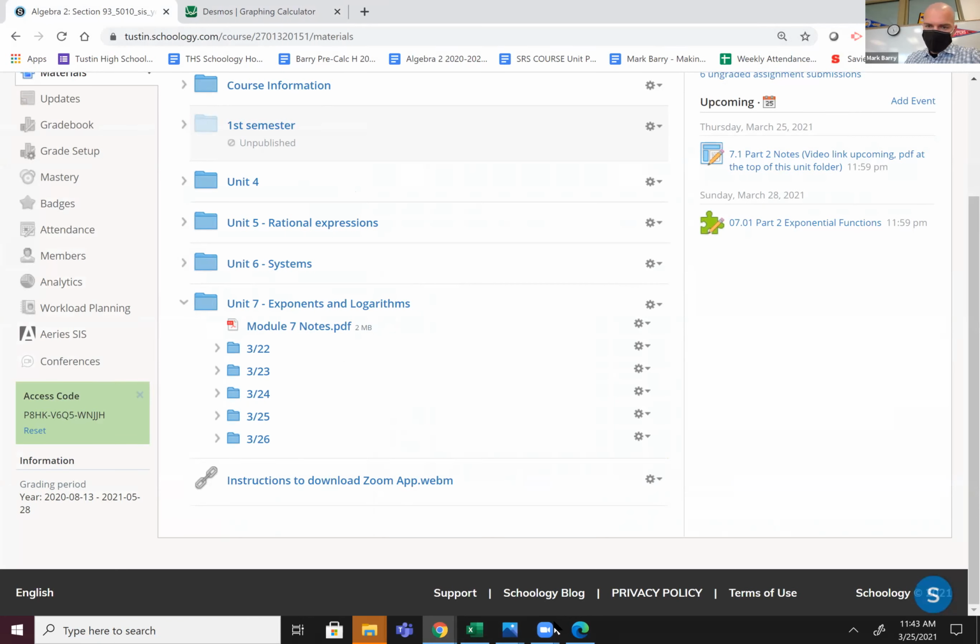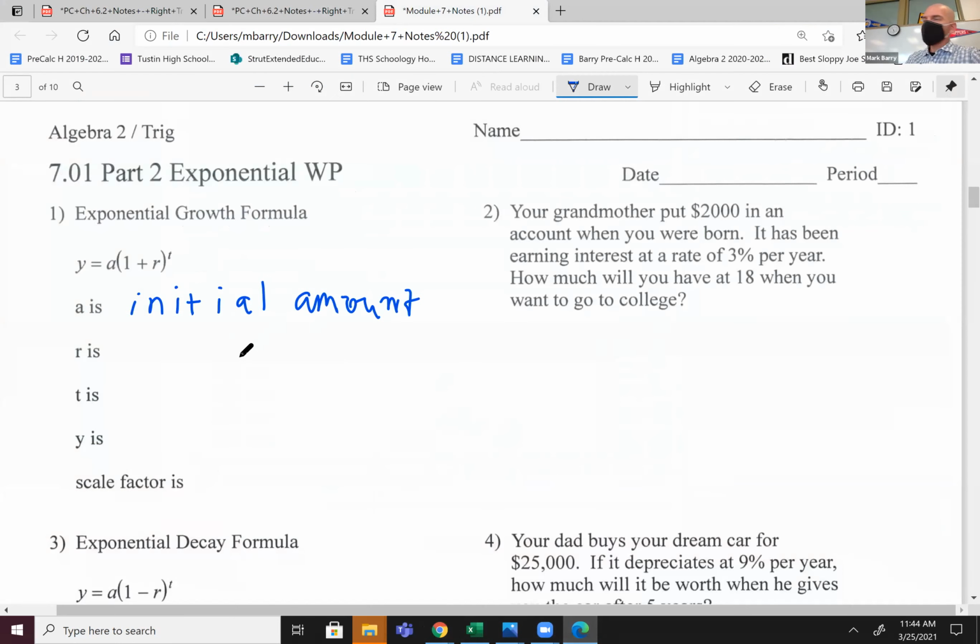All right. Okay, so A is the initial amount. All right. R is the growth rate. But very important here, make sure you have this. We have to write that as a decimal.